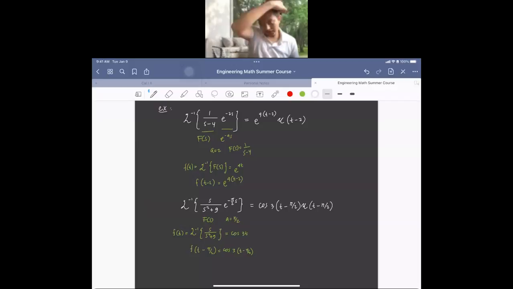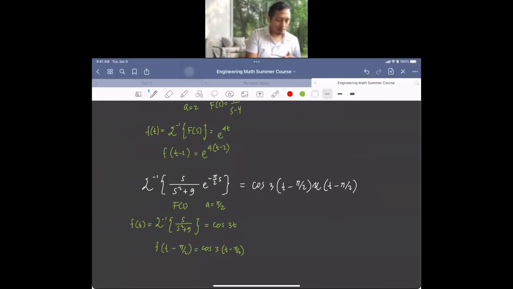The idea is, I think you need to understand first the Heaviside function.